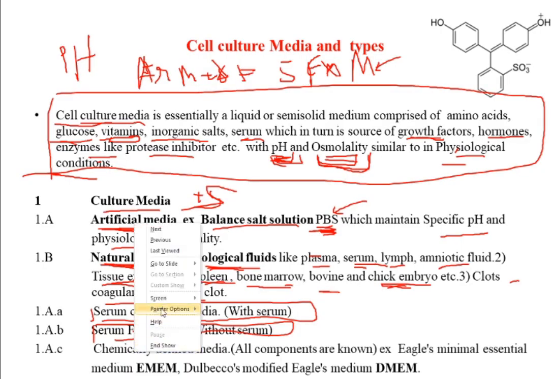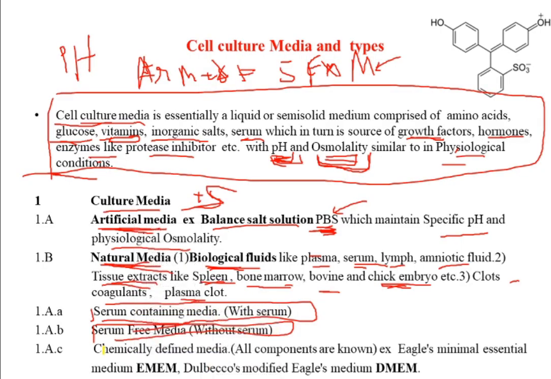So chemically defined media is a specific media which fulfills the requirement of a specific cell. Here we have taken two examples, the Eagle's minimal essential media, short formed as EMEM, Eagle's minimum essential media. So what is the minimum requirement of a cell to carry out its life cycle? That minimum requirement is fulfilled in the EMEM.